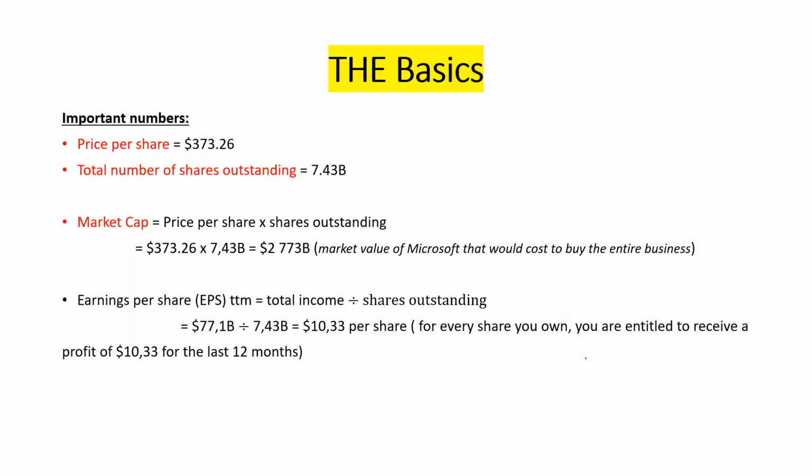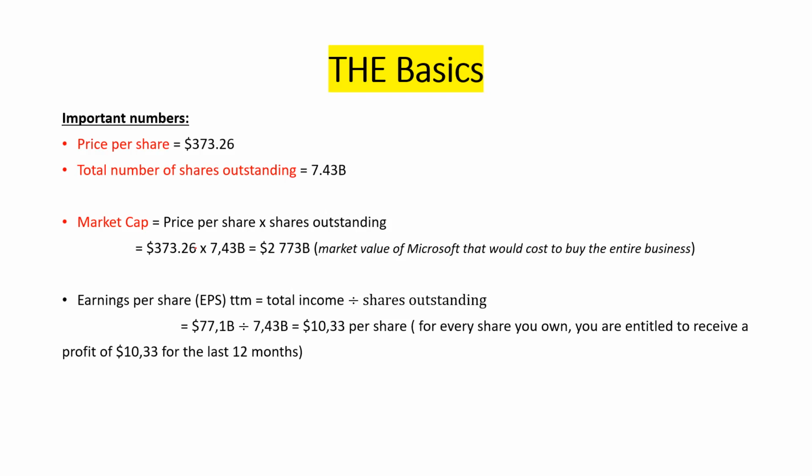Moving on, before investing in a business, you first need to know the following. Number one, how much does each share cost? That's share price. Number two, how many shares are there in a business? That is shares outstanding. Number three, what is the total market value of the business?